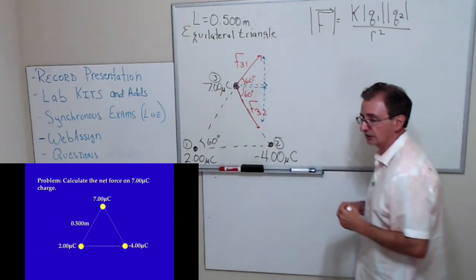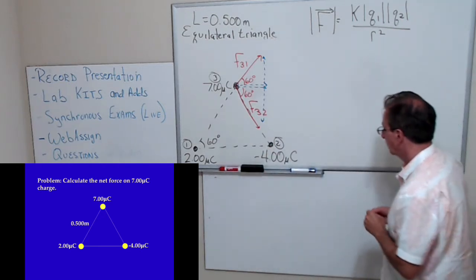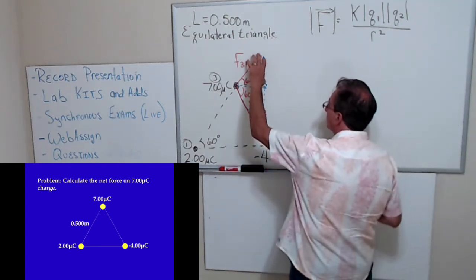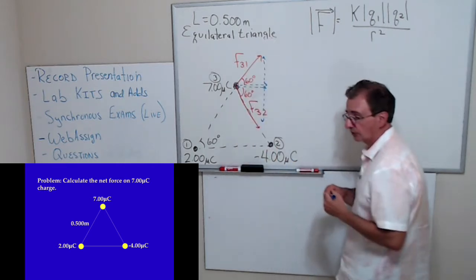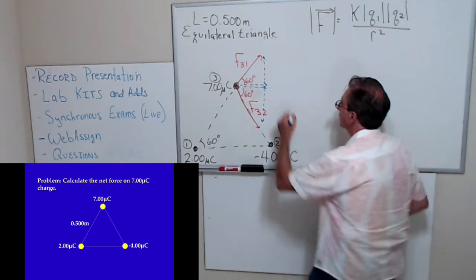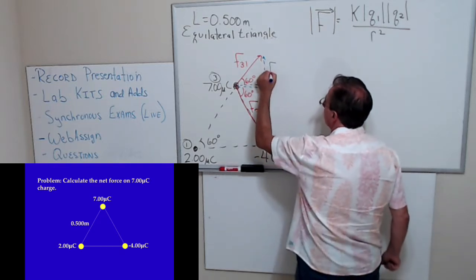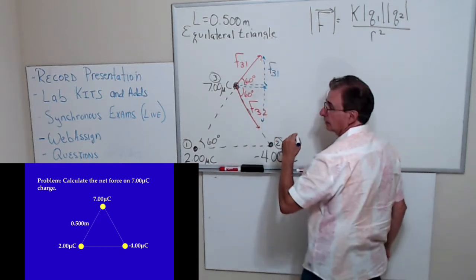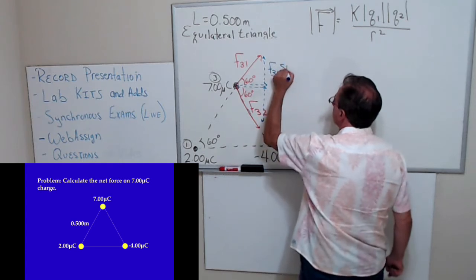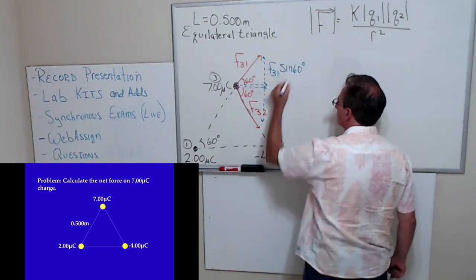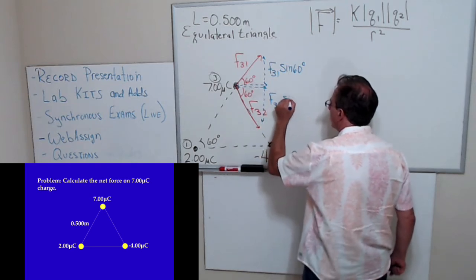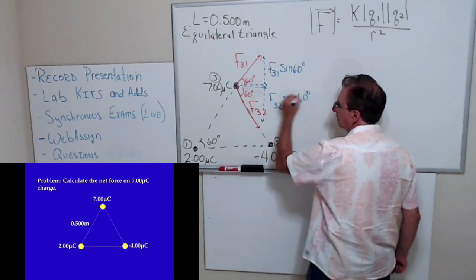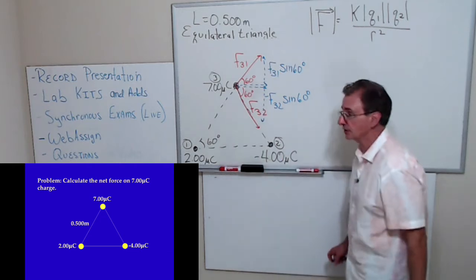That angle is 60 degrees. Then I'm going to write the x and y components of each of the forces. So this top one, F3,1 sine of 60, and F3,2 sine of 60, but this one's negative because it points downward.